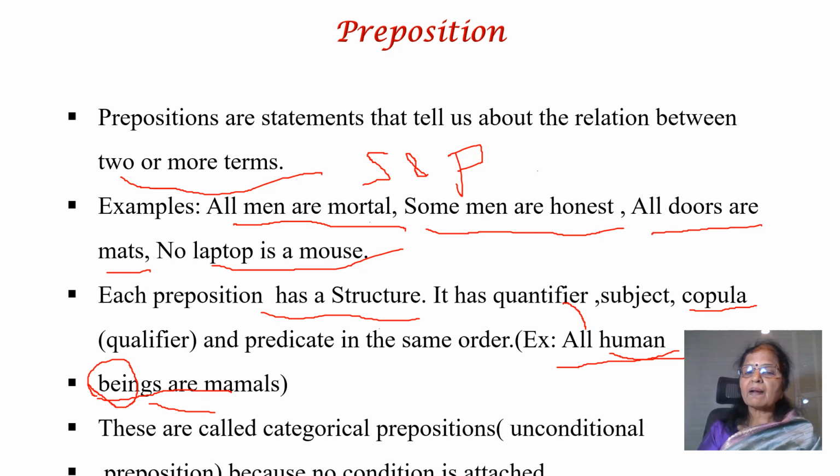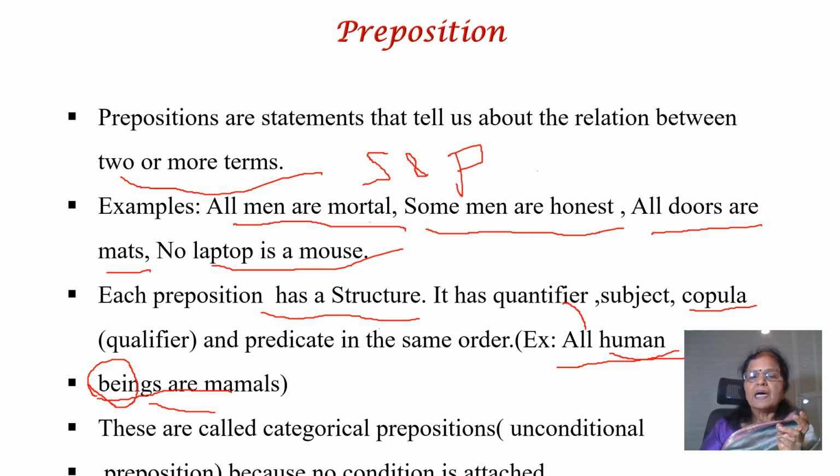If you clear NET, that is the condition. So it is a conditional preposition, and in this case, it is a hypothetical preposition. We are assuming that you are clearing NET and you can get into any university. So this is hypothetical conditional preposition.